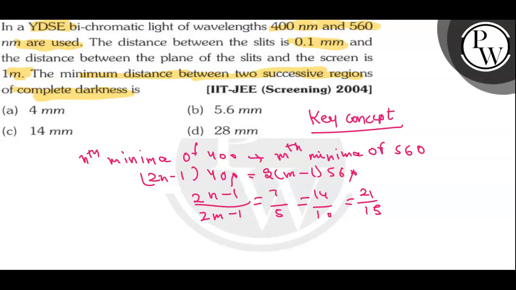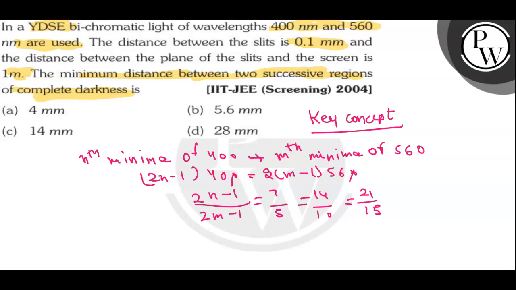Now let us suppose the fourth minima of 400 nanometer coincides with the third minima of 560. Then how can we calculate it?